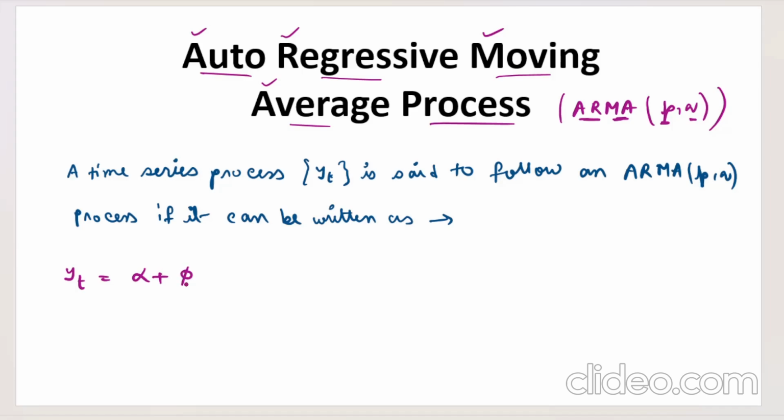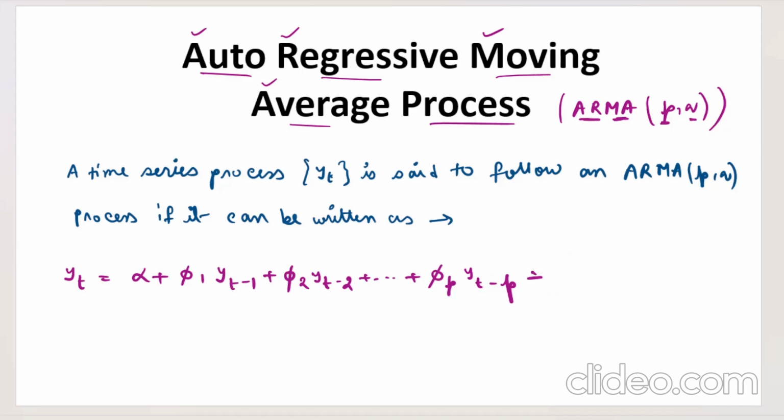Alpha plus phi 1 Yt minus 1 plus phi 2 Yt minus 2 and so on up to phi p Yt minus p, right? This is the AR part.